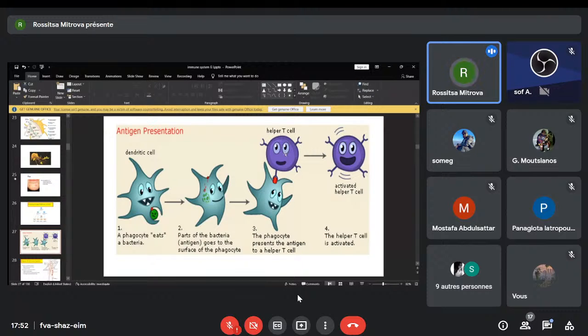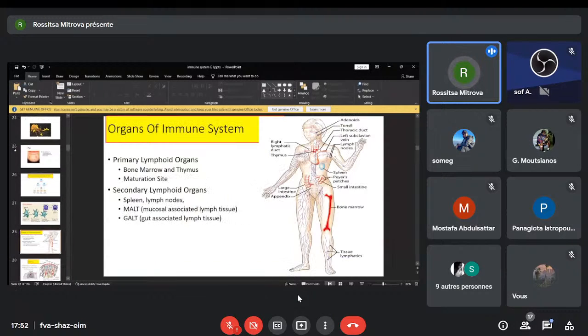They are very important, you will see later, and they are activated in this way. It is done as an animation for small children, but it's better to remember this image so you will understand the antigen presentation very well.